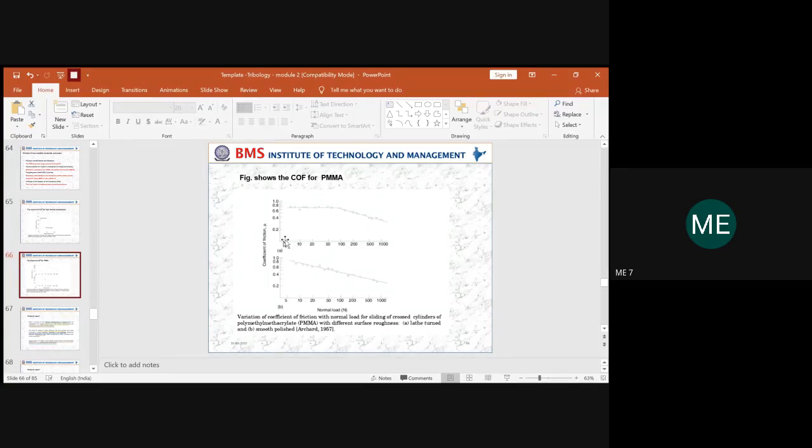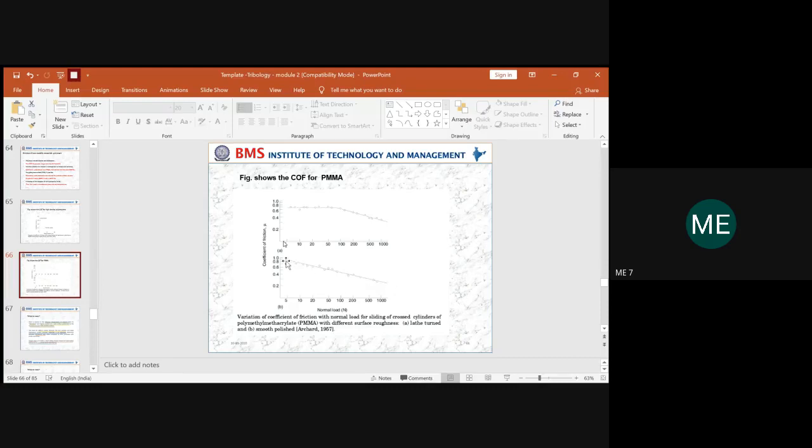So now we are analyzing the coefficient of friction we are getting with respect to both cylinders. Here we can see the normal load applied with respect to the coefficient of friction value, and how it is varying.